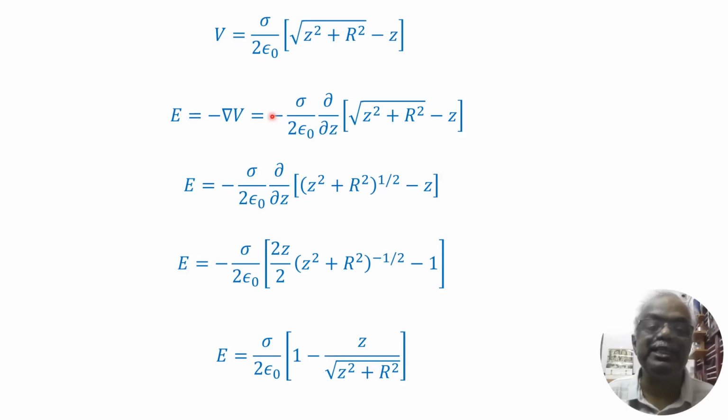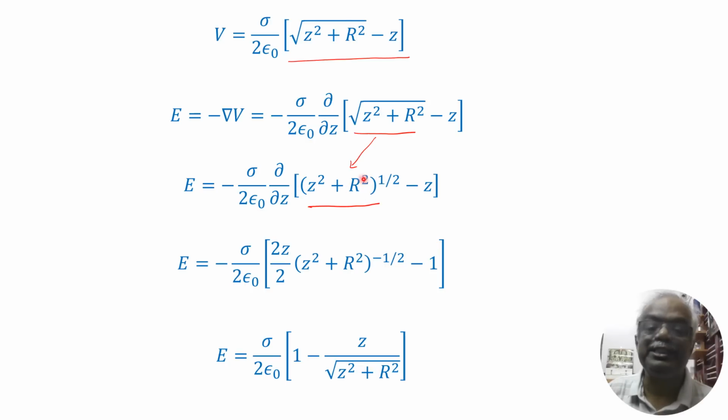So you take the constant out, that is minus sigma over 2 epsilon naught, times the partial derivative with respect to z. This term you are going to differentiate because it contains the variable. I am going to rewrite the square root as z squared plus r squared whole power half.